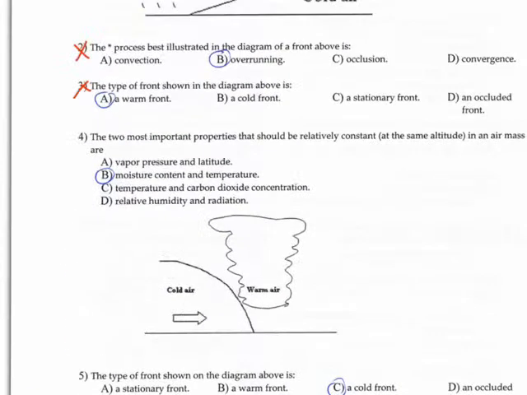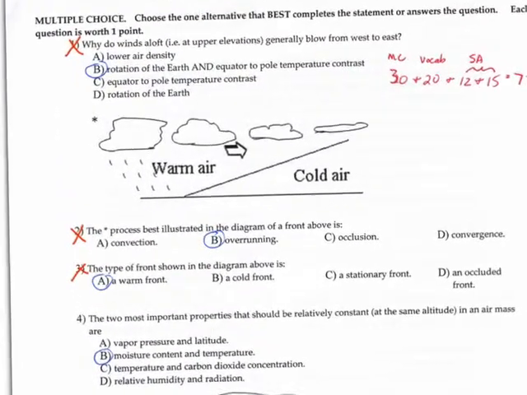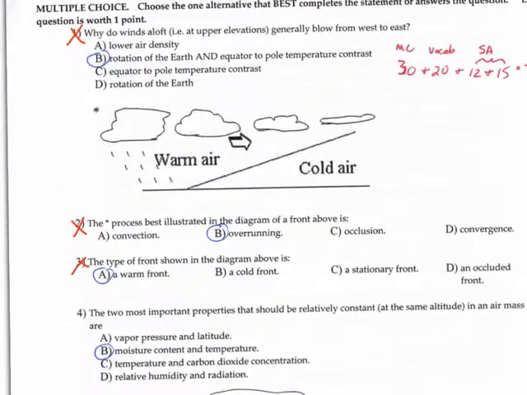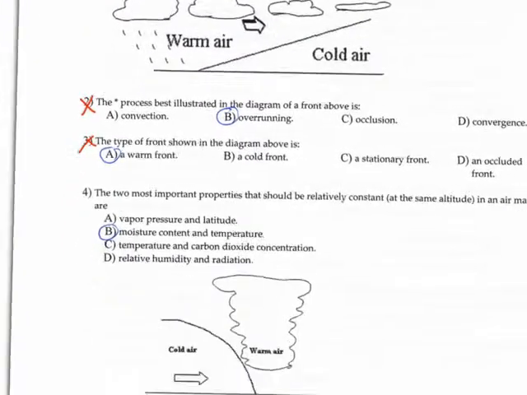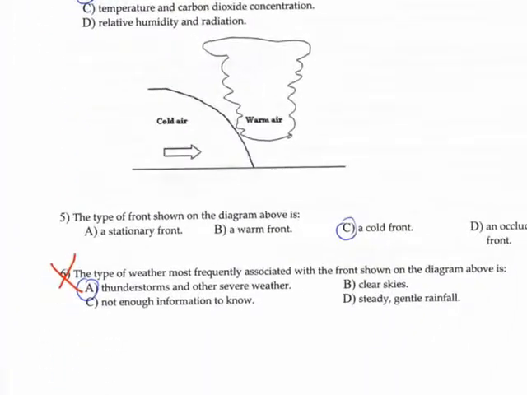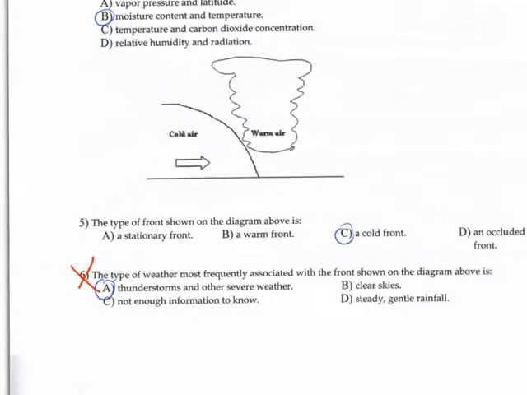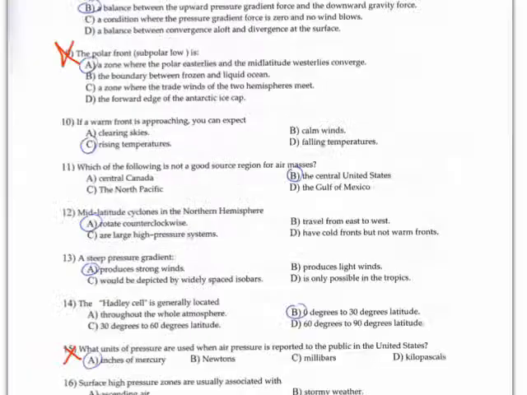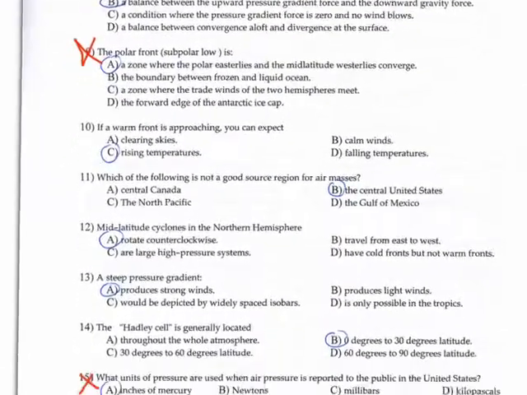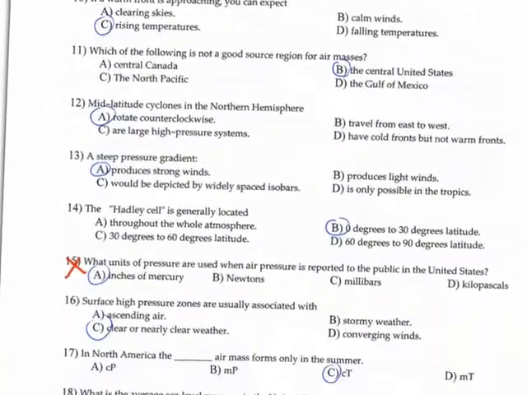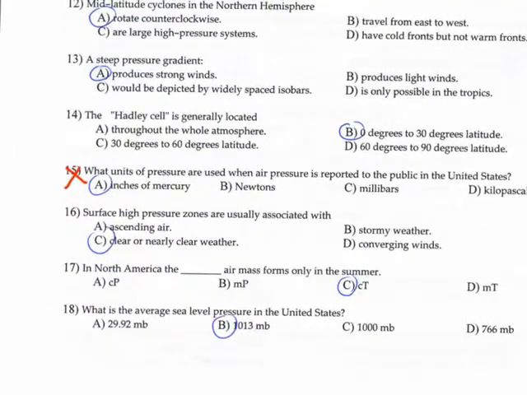Unit 3 multiple choice. Questions that will not be on your final include 1, 2, and 3. Question number 6 will not be on your final. Questions number 9 and 15 will not be on your final.